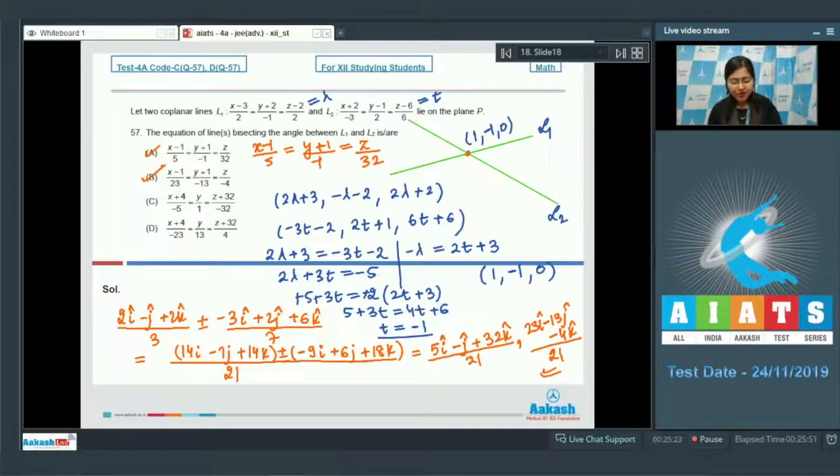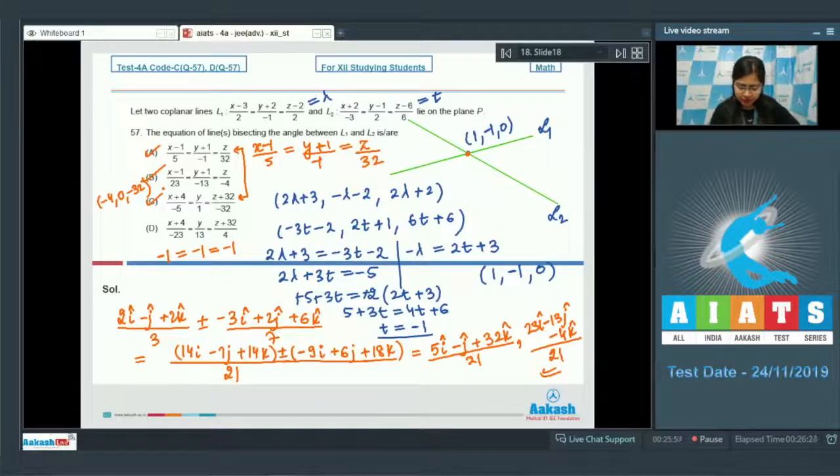Now we have to check option number C and D also, because in A and C we are given same vector in the denominator. So let us check whether line A passes through the point minus 4, 0 and minus 32. We have to check by putting it in A. As we put here, we get minus 5 upon 5, that is minus 1, equal to minus 1 equal to minus 1.